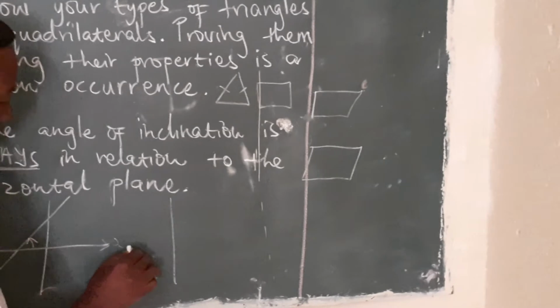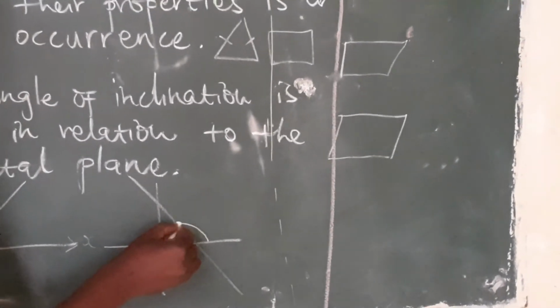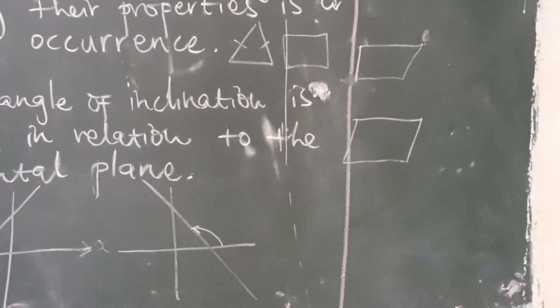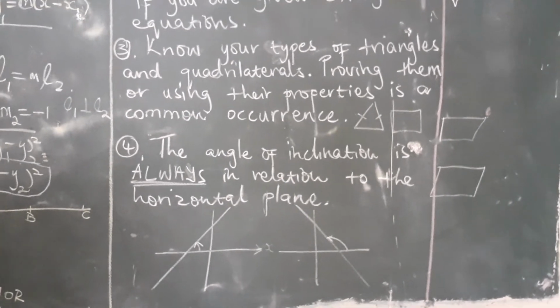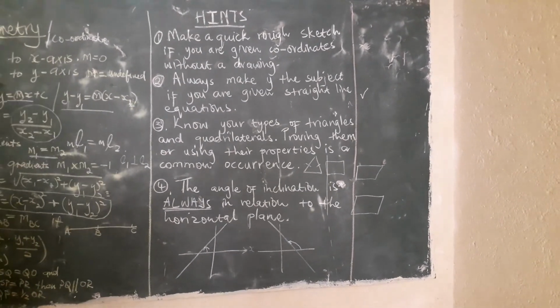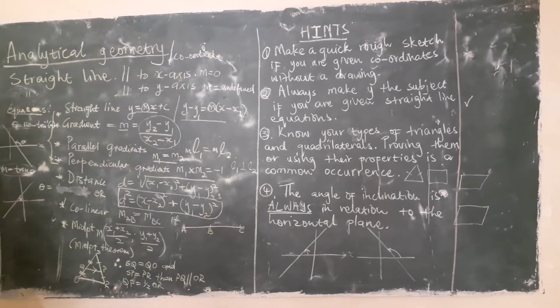Or rather, if this is the gradient and there is a line, that must be your angle of inclination. That is the typical type of questions and hints that you need to know when it comes to solving problems in analytical geometry and trig ratios.